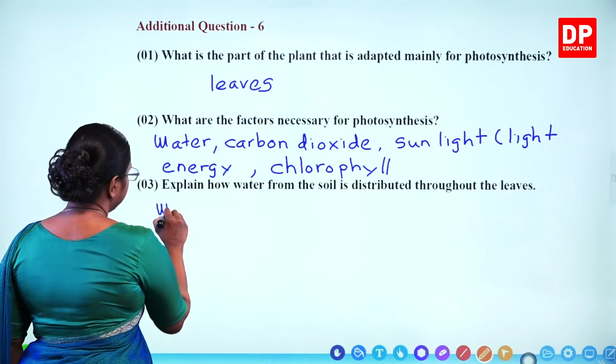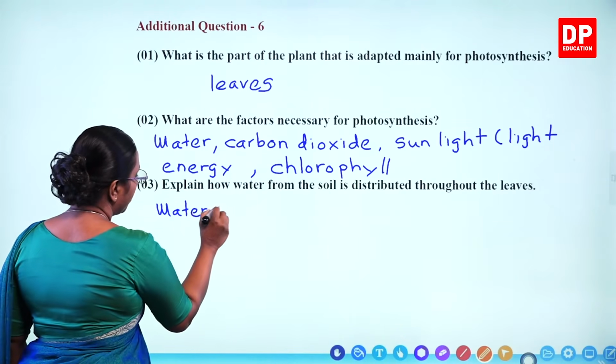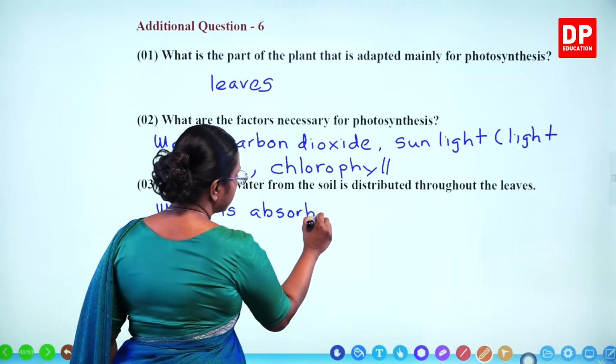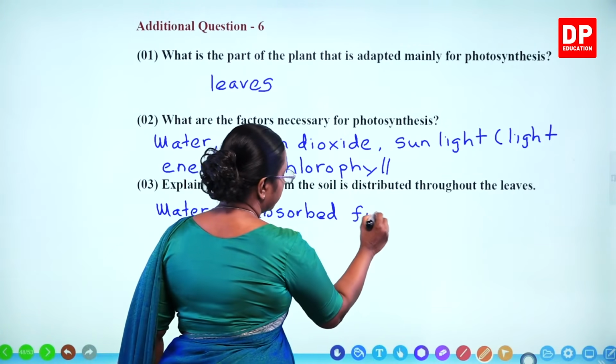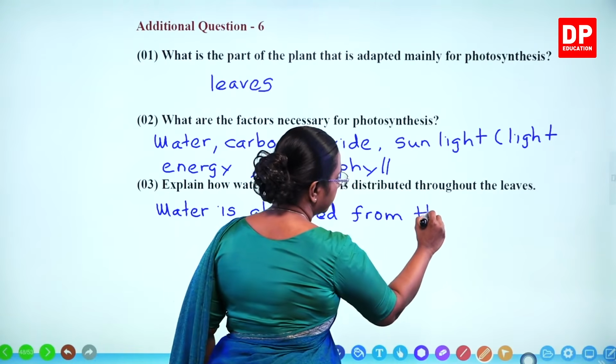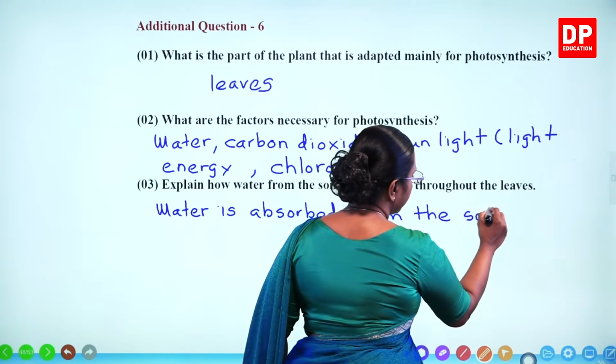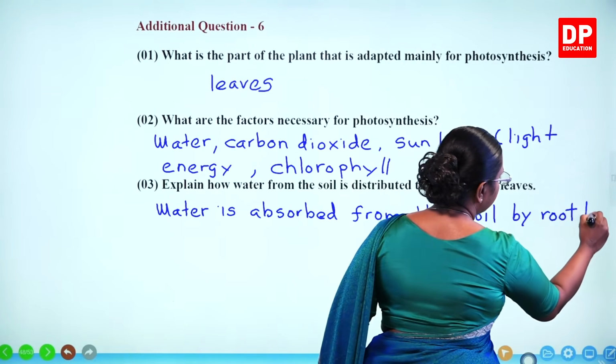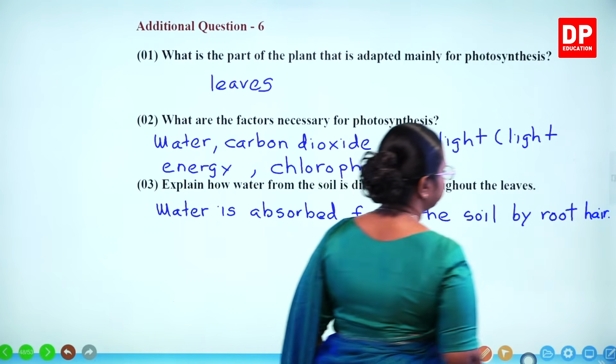So I will say water is absorbed from the soil by root hair.